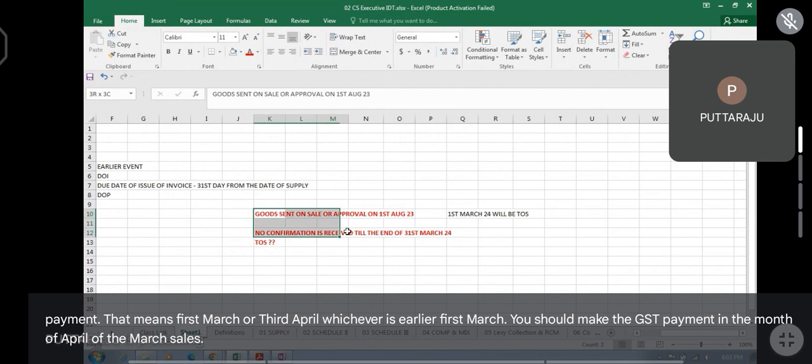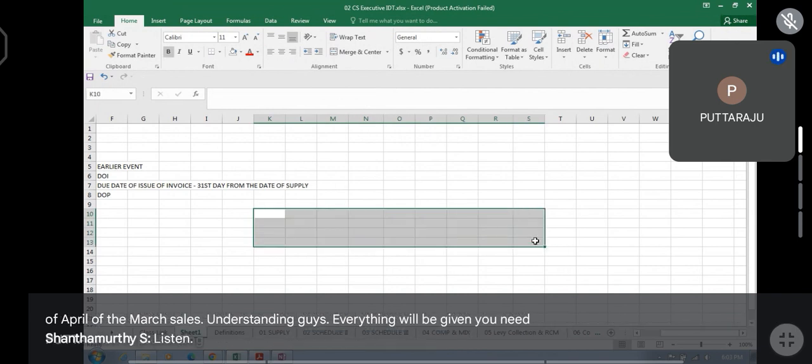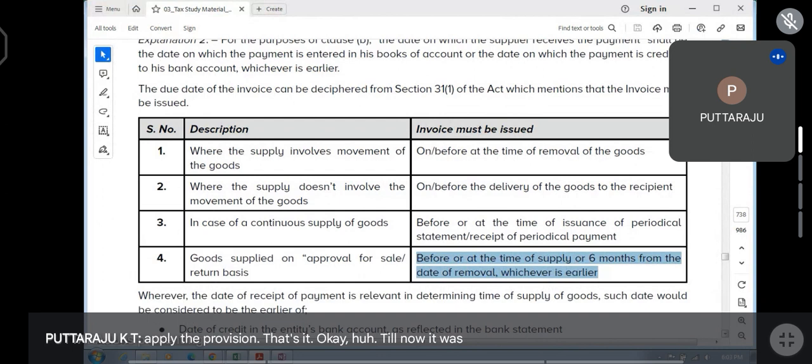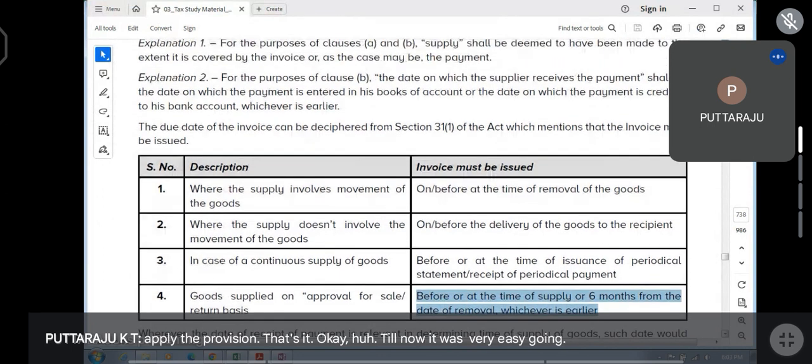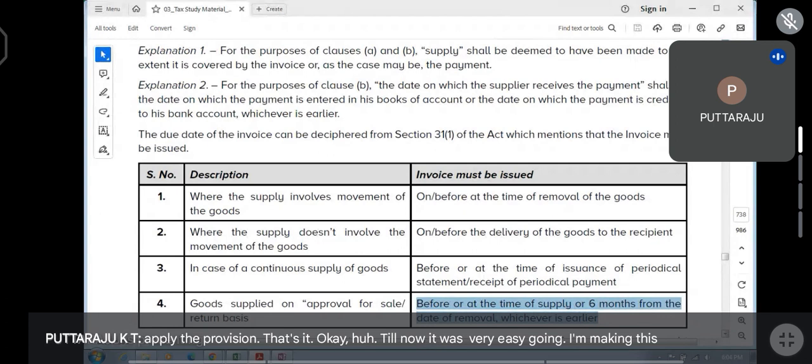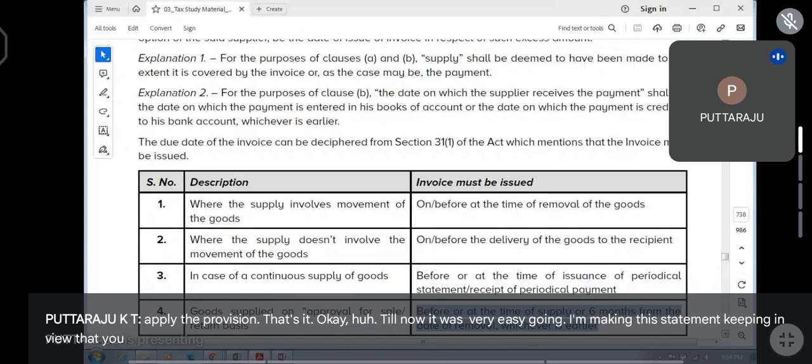Understanding, guys? Everything will be given. You need to apply the provision. Till now, it was very easy going. I'm making this statement, keeping in view that you guys have understood.